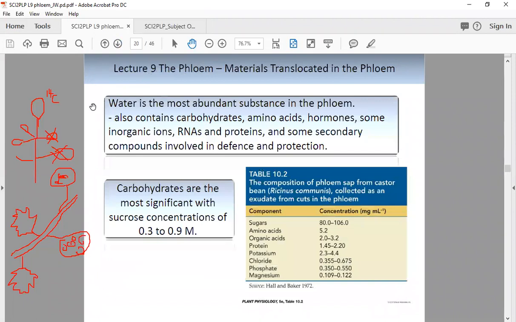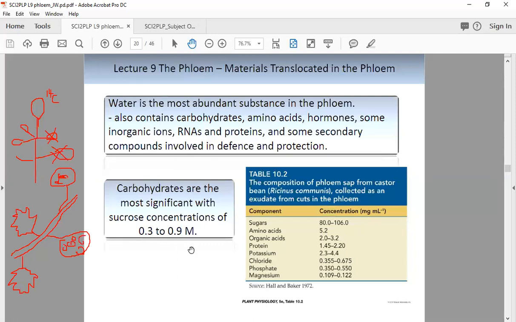All right, so let's look at materials translocated in the phloem. Obviously, water is the most abundant substance in the phloem, and there are lots of carbohydrates, but there are also amino acids in the phloem sap, hormones, some inorganic ions, RNA molecules, and some proteins, and also some secondary compounds involved in defense and protection. Carbohydrates are the most significant substances in the phloem, with sucrose concentrations of 0.3 to 0.9 molar.